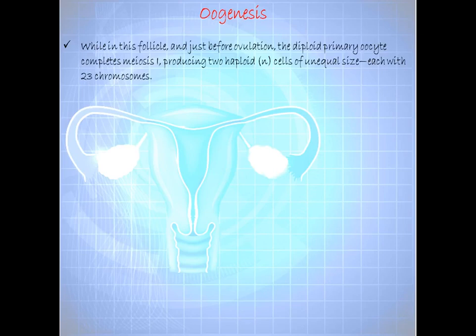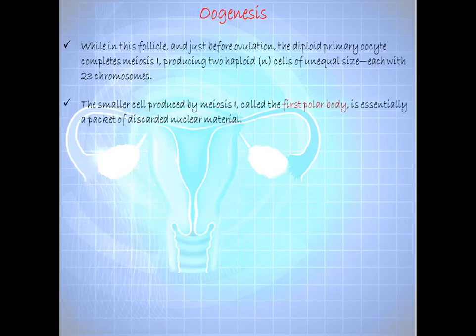While in these follicles and just before ovulation, the diploid primary oocyte completes meiosis I, producing two haploid cells of unequal size, each with 23 chromosomes. The smaller cell produced by meiosis I, called the first polar body, is essentially a packet of discarded nuclear material.